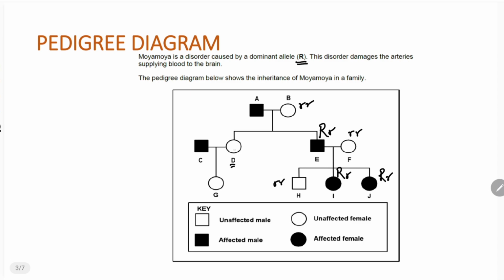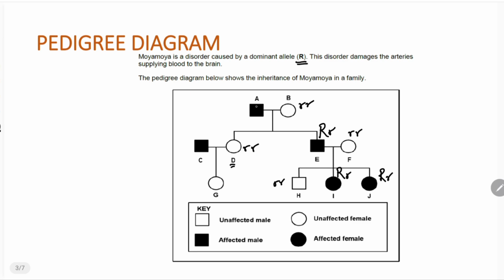So since individual number D is not affected by moya moya, then the genotype of individual number D can only be small letter r. Again, since this is the genotype of individual number D, she must have received one recessive allele from the paternal origin and one recessive allele from the maternal origin.